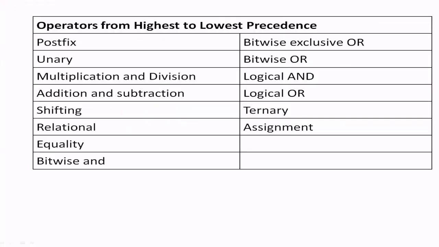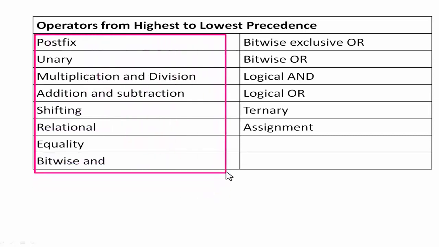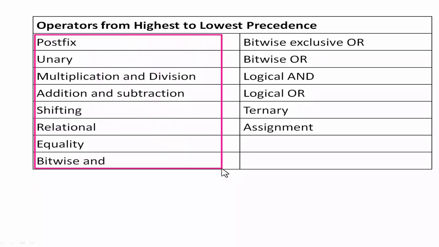Operators from highest precedence to lowest precedence. Here we have different types of operators: postfix, unary, multiplication, division, addition, subtraction, shifting, relational, equality, bitwise AND, bitwise exclusive OR, bitwise OR, logical AND, logical OR, ternary and assignment operators.